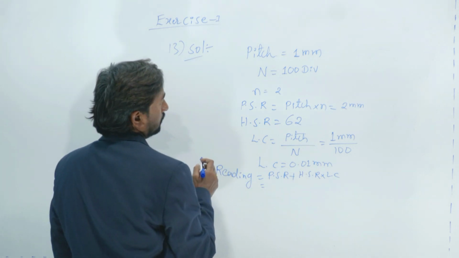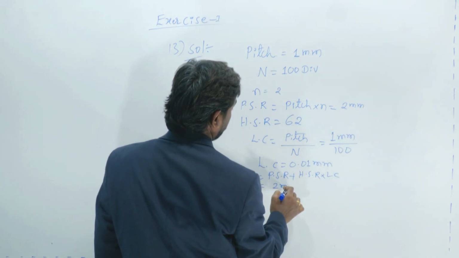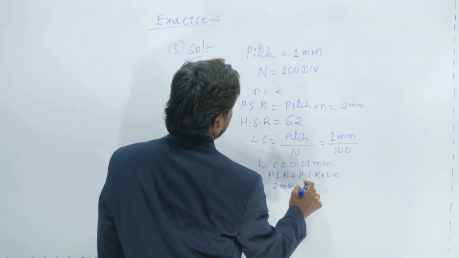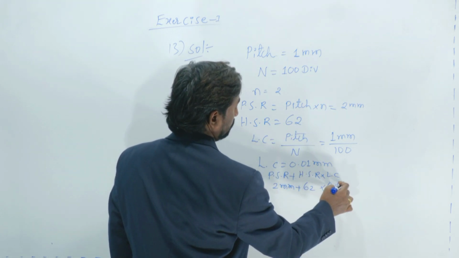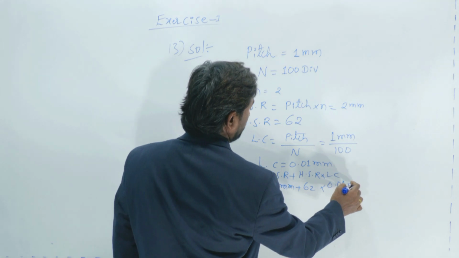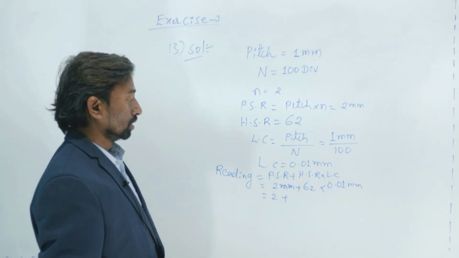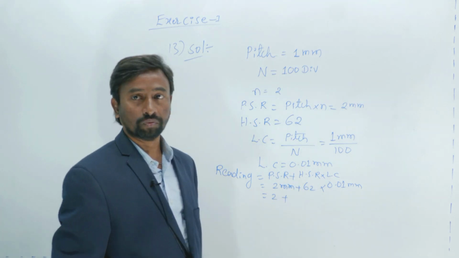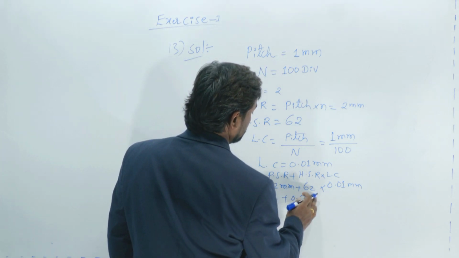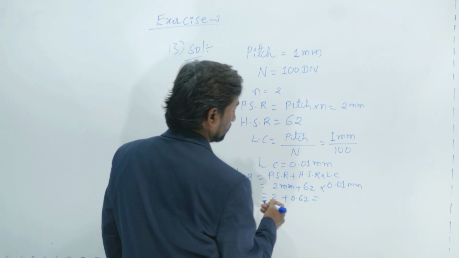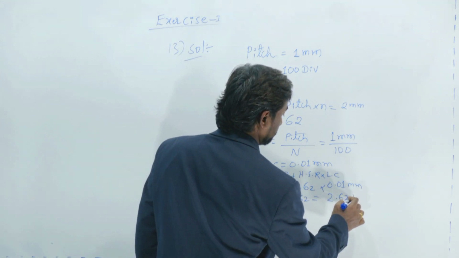So we can write 2 mm plus HSR, which is 62, and least count is 0.01 mm. Now it is 2 plus 0.01 mm into 62. We will get 0.62 mm. So if we add 2 plus 0.62, we will get 2.62 mm.